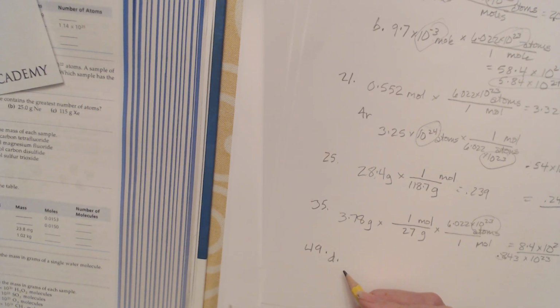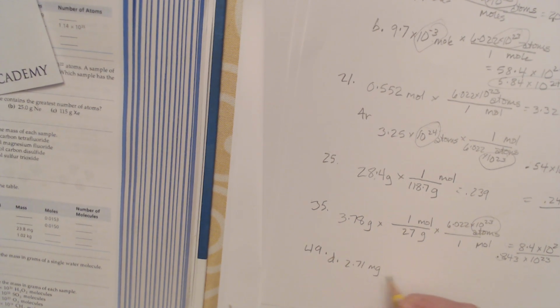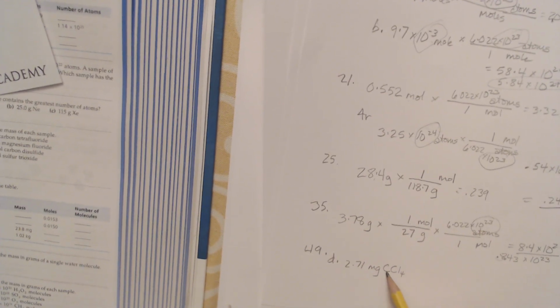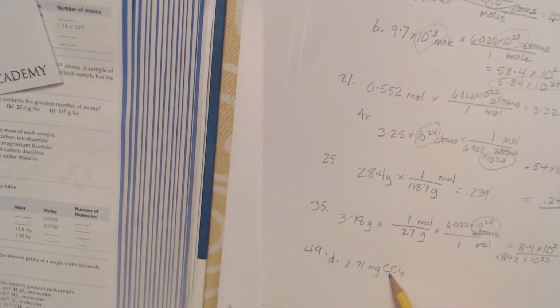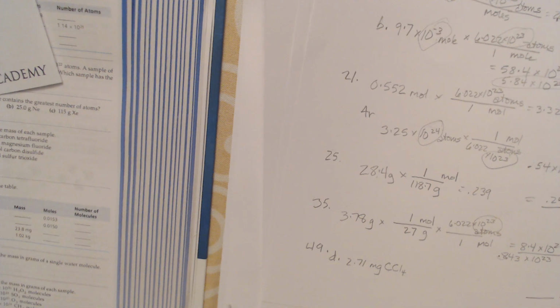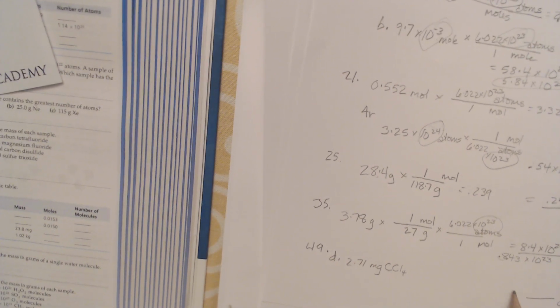So I'm looking for 2.71 milligrams of carbon tetrachloride. Okay, right? Do you agree? Carbon, chloride, tetra. So we got it. Okay, so that's my starting point. And what they are asking me for is number of moles. I'm going to write my carbon tetrachloride there just for fun.